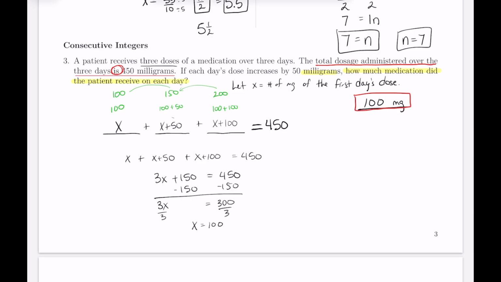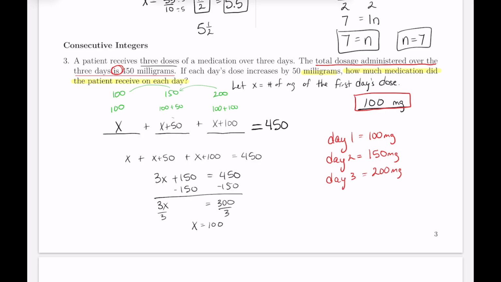Now, have I answered the question? Nope, I didn't. It says how much medication did the patient receive on each day? I can't just circle 100 and be done, right? So what I might say is something more like this. Day 1 was 100 milligrams. Day 2 is 150 milligrams, and day 3 is 200 milligrams.